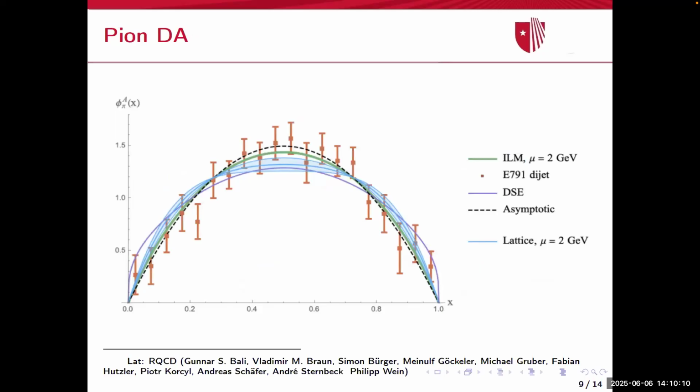And then we can also calculate the parton distribution amplitude and the parton PDF, because those are non-perturbative objects. So we are able to calculate them. You can see we compare with the lattice and the experimental data, even though this is a little bit old experimental data, and the green line here is very consistent with the lattice and also the experimental data.